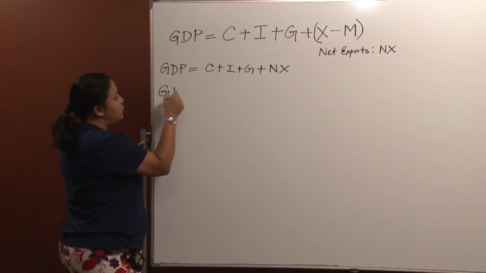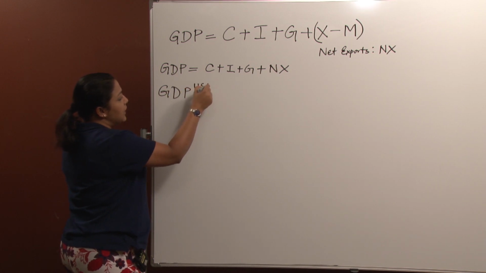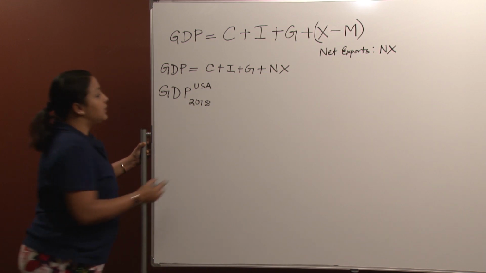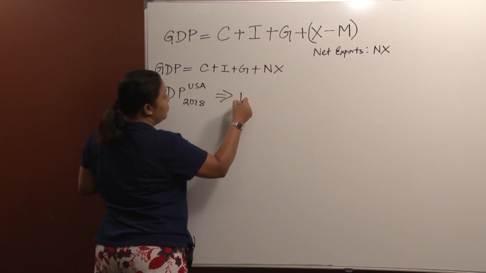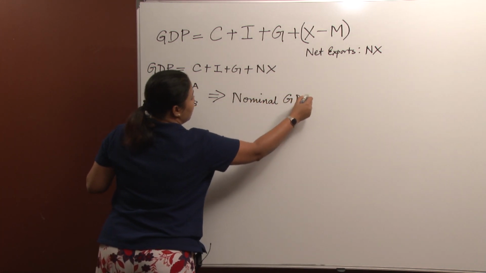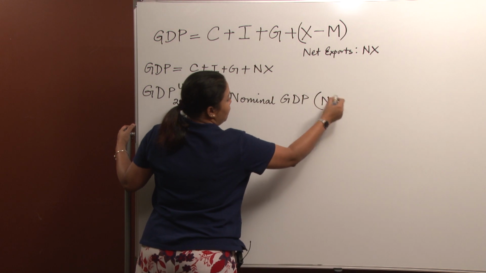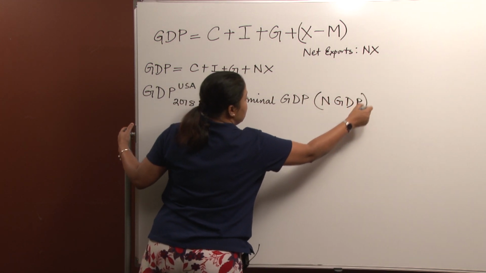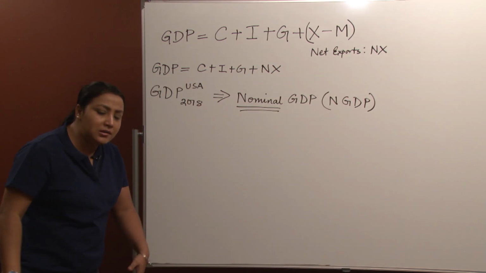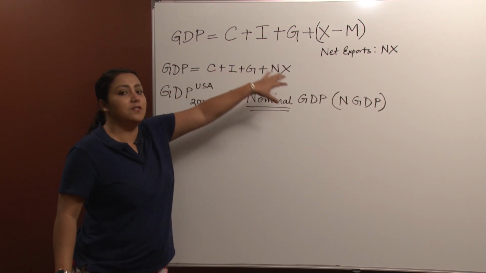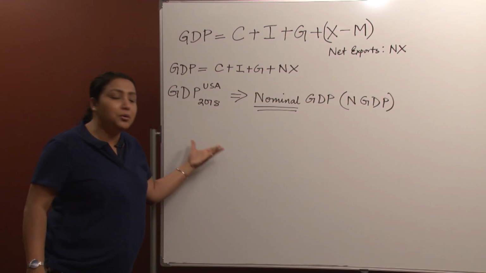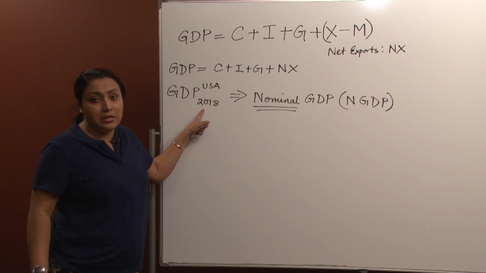Let us say this is the GDP of USA in the year 2018. Then this GDP is also known as nominal GDP, abbreviated as NGDP, where the term nominal basically implies that all these goods and services that are included in the GDP are all evaluated at the prices of 2018.